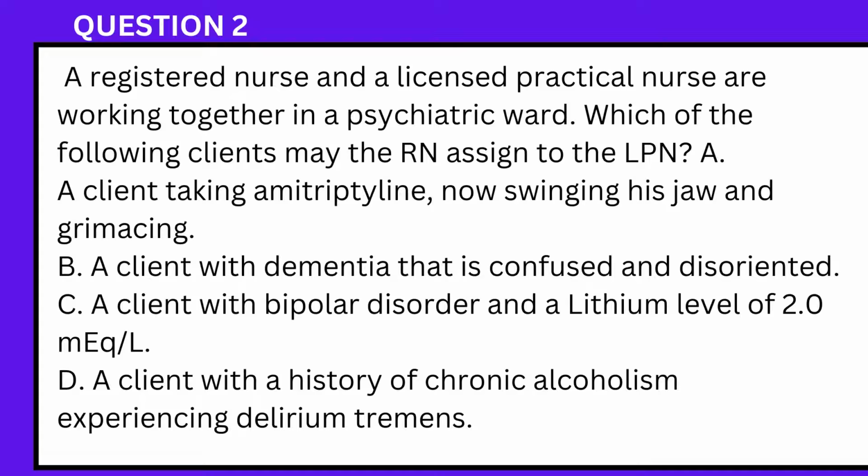Now, the next part says a client with dementia that is confused and disoriented. Is this patient stable or unstable? If a patient has dementia, is it expected for the patient to be confused and disoriented?